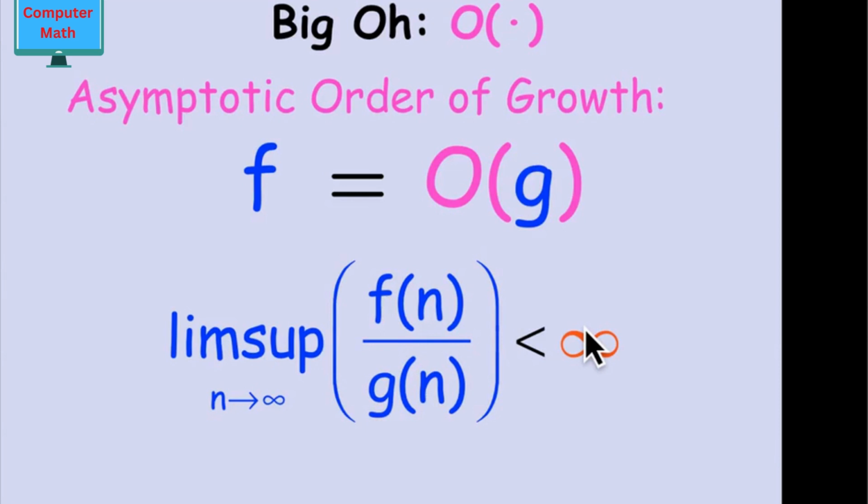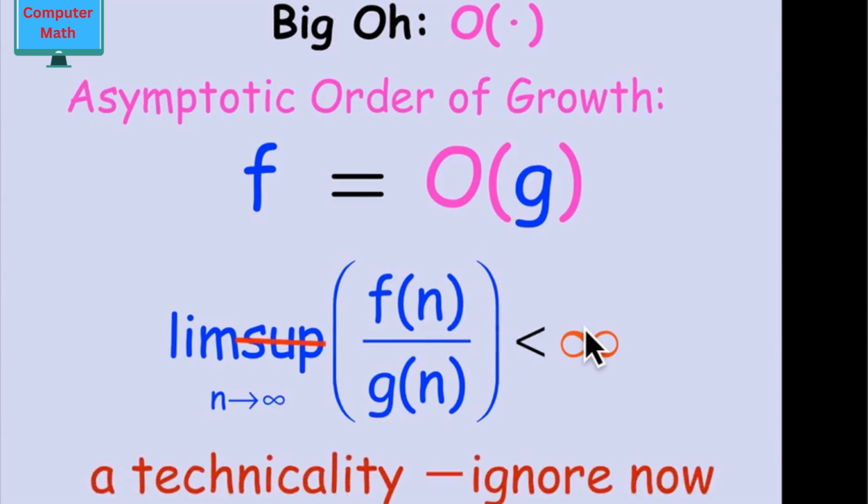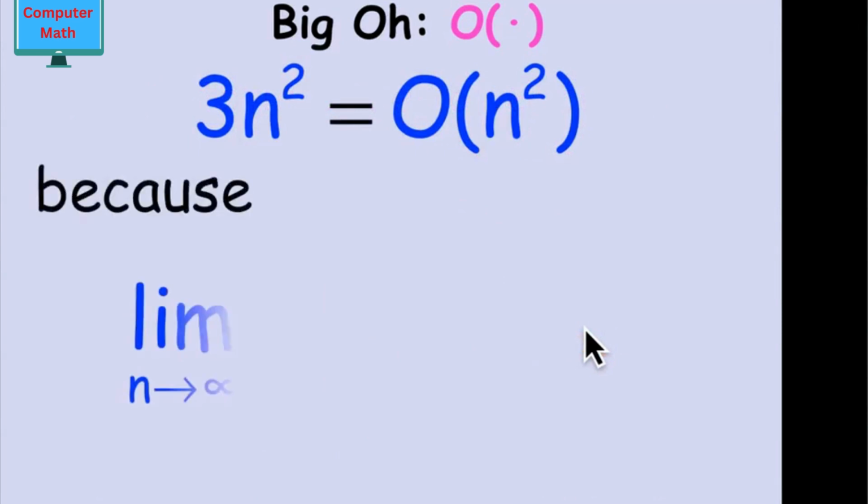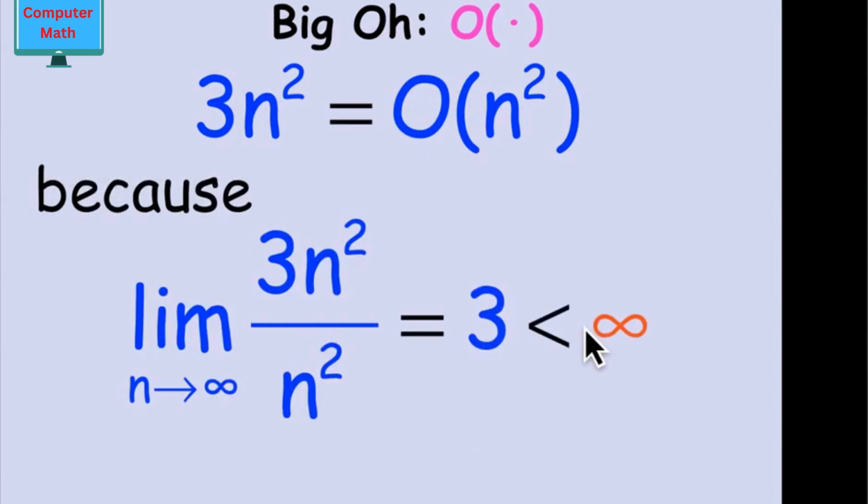And that means that f is big O of g. Now, there's a technicality there where the expression actually says the lim sup of f of n over g of n. Let's just ignore that for now, and we'll explain why the lim sup is there a little later. So, as an example, 3n squared is big O of n squared, because the quotient of 3n squared over n squared is 3, which is less than infinity.